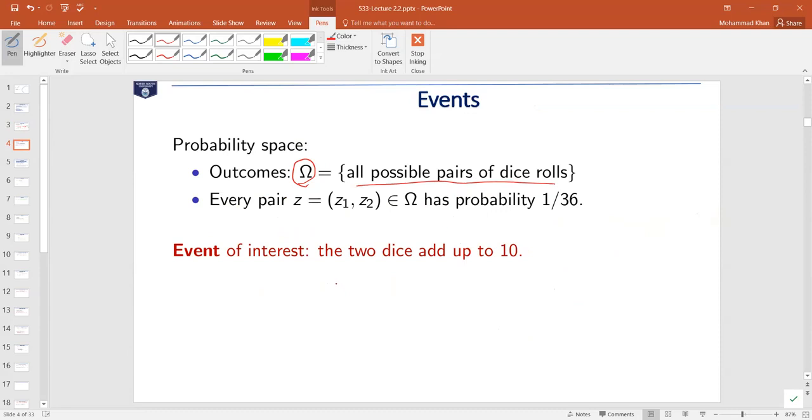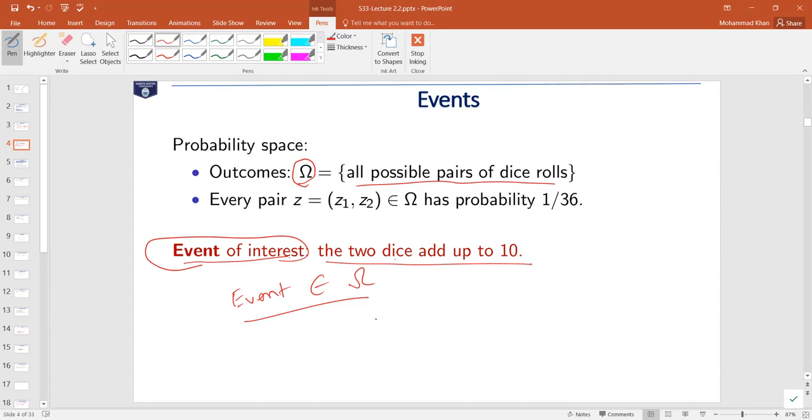And now, what is an event of interest? So we define an event of interest on the sample space. For example, the event of interest could be the 2 dice add up to 10. Now the event of interest will contain a subset from the sample space. For example, here we are talking about 2 dice adding up to 10.